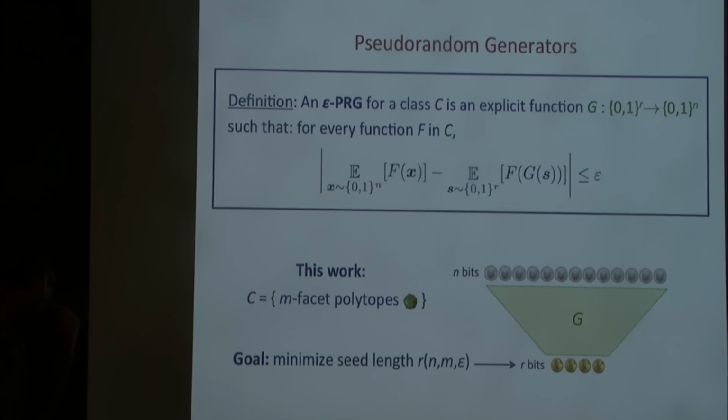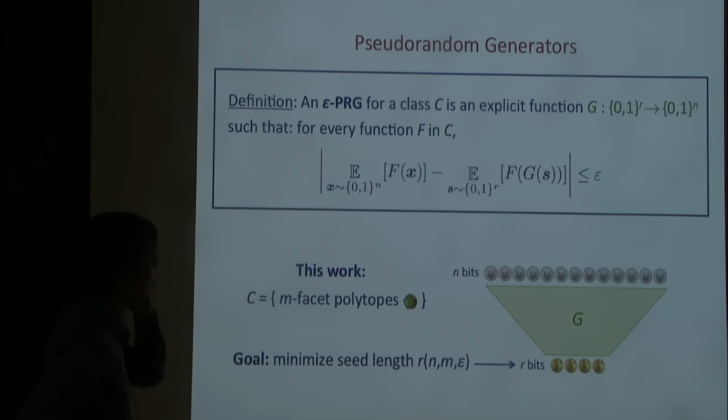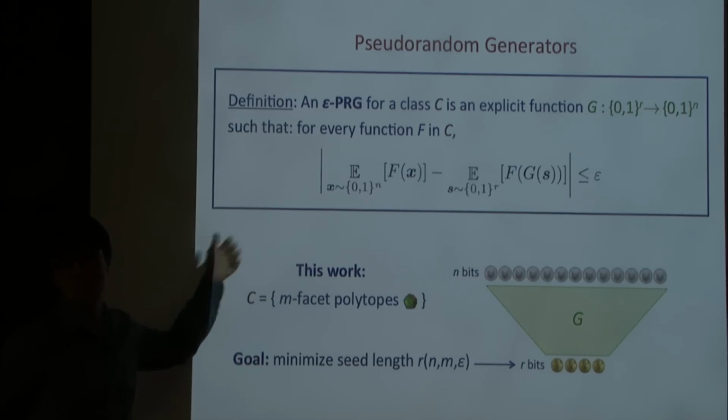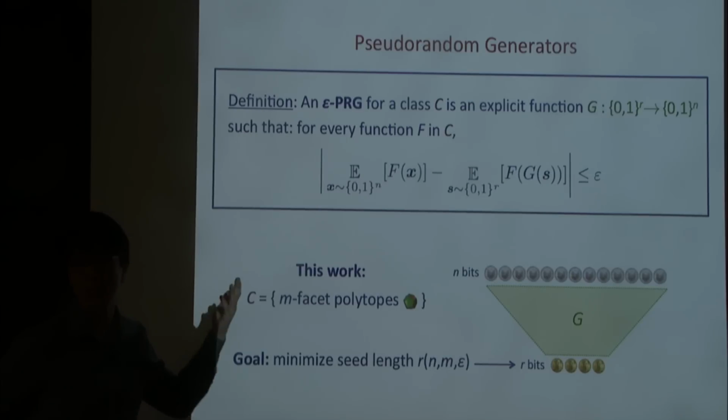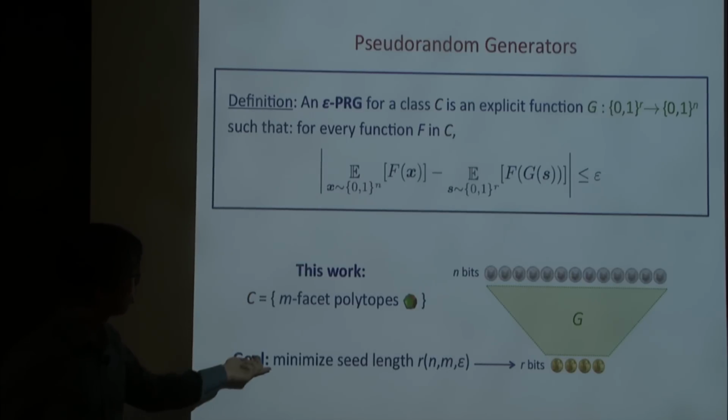If you'd like to reduce the number of parameters, think of m as n to the 10th; and epsilon, which you can think of as 0.01, but in general we'd like to keep that as a parameter that we want to optimize. It's not too hard to see, if we think about it for a moment, that the image of your generator forms exactly a discrepancy set. These are just two equivalent ways of viewing the same problem. Seed length is related by an exponential to the size of a discrepancy set.